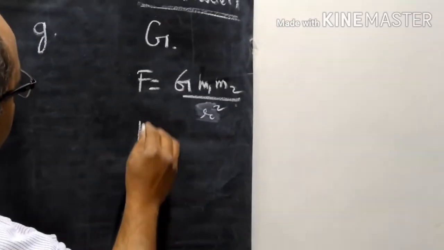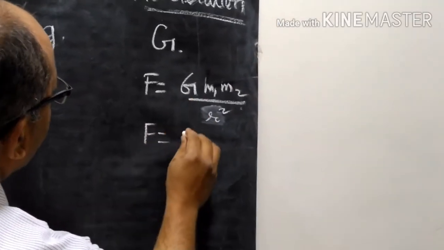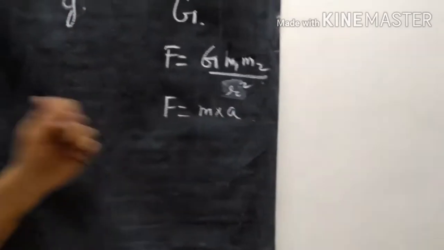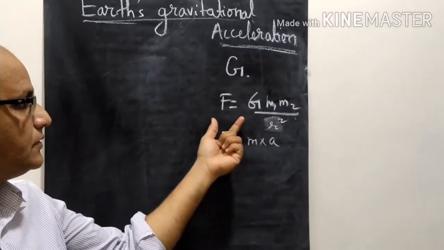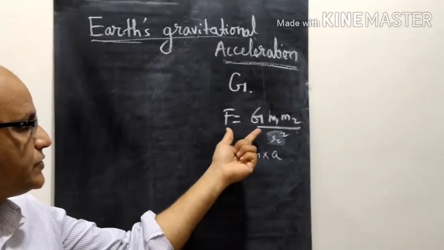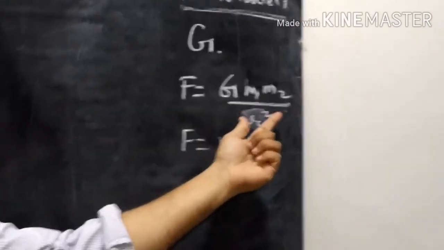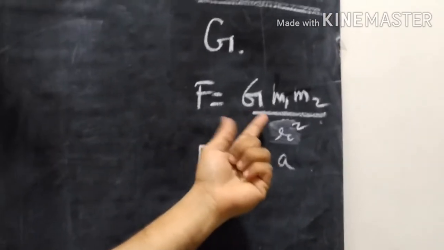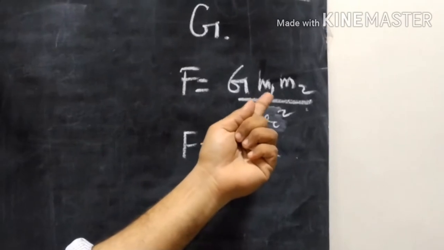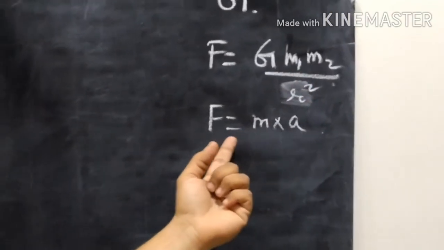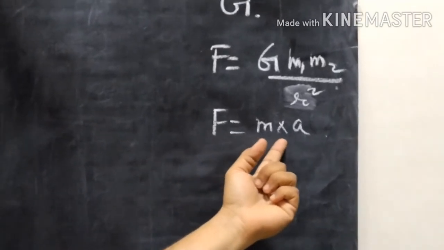We also know that F is equal to m into a. Keep these two formulas in mind. Here G is the gravitational constant, m1 and m2 are two objects, and R is the distance between these two objects. F is also equal to mass into acceleration.